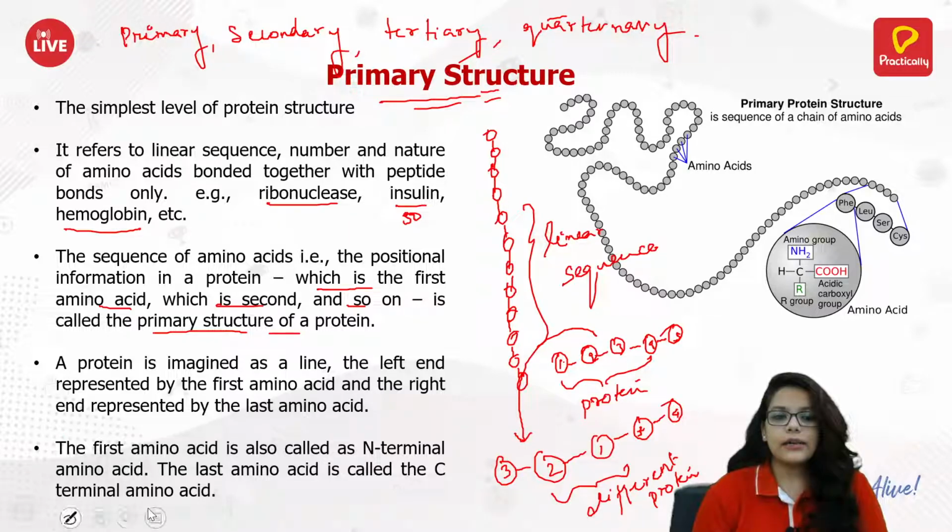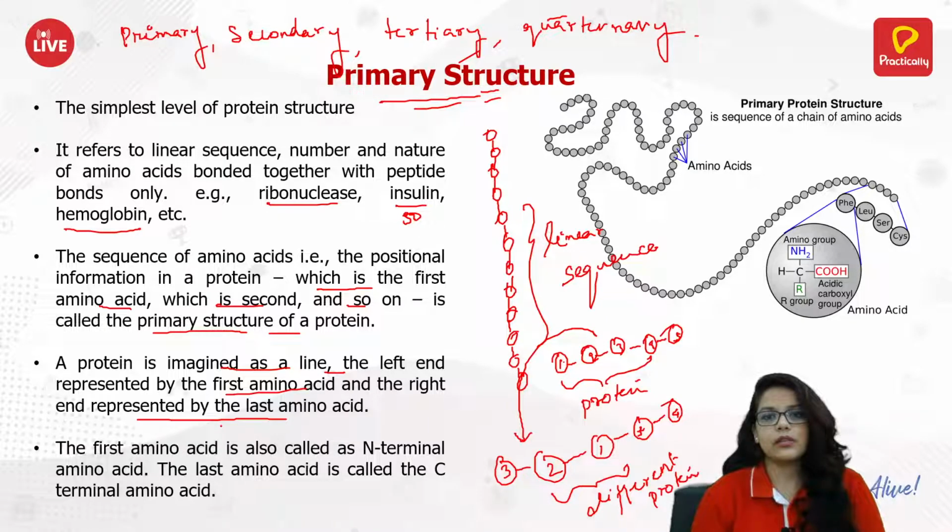A protein is imagined as a line. The left end is represented by the first amino acid and the right end is represented by the last amino acid. So there will be an N terminal here and a C terminal over here.